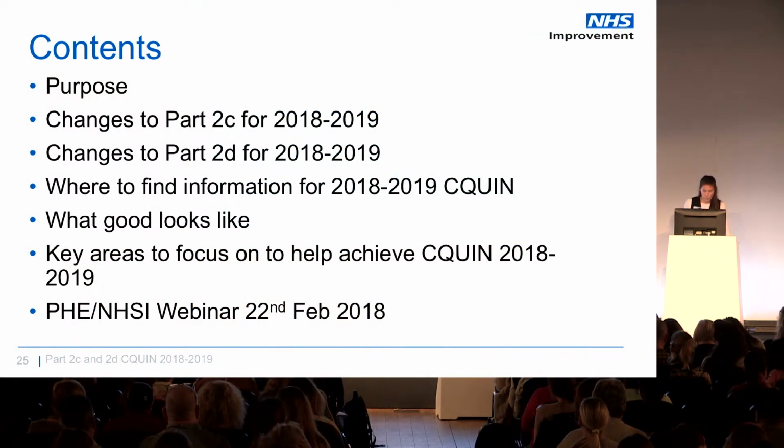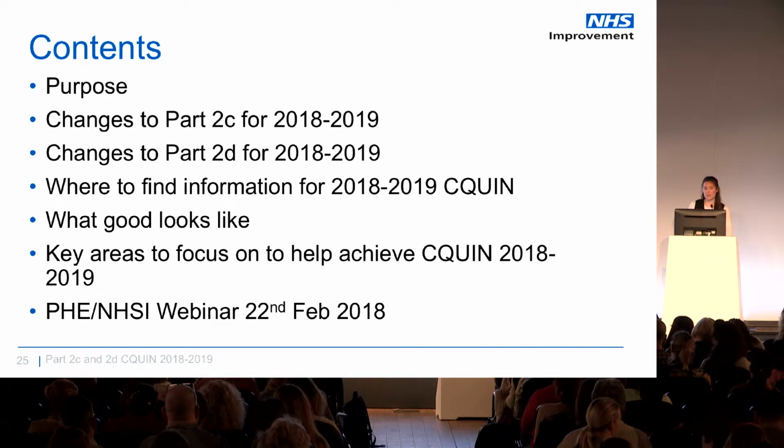I'll discuss what the purpose of the CQUIN is, although Celia's given a really good background. I'll discuss the changes to the antibiotic review part of the CQUIN, so that's 2C. I'll talk about the antibiotic consumption section and the changes there to part 2D.